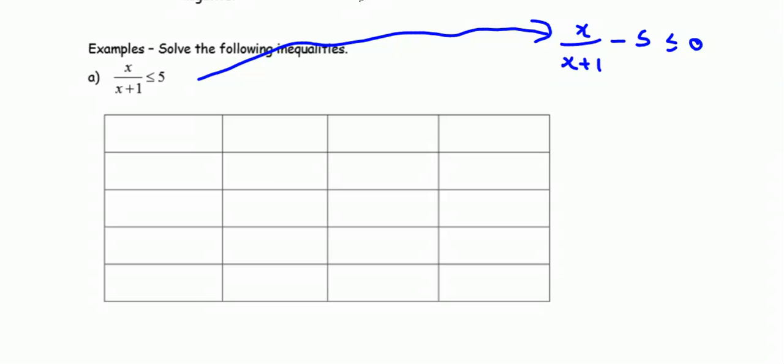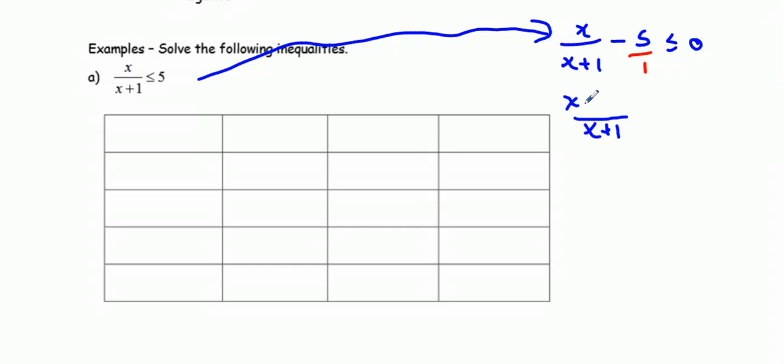So remember, you're going to find a common denominator, in this case x plus 1. You're going to multiply your numerator by whatever you have to multiply this denominator by to get the common denominator. So in this case, it's 1, so that's awesome. So you just have x here.